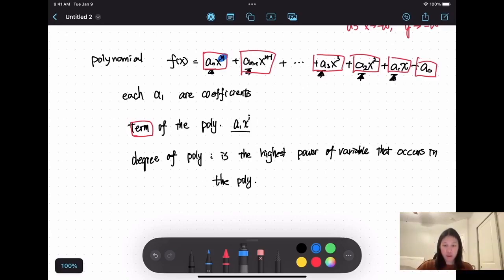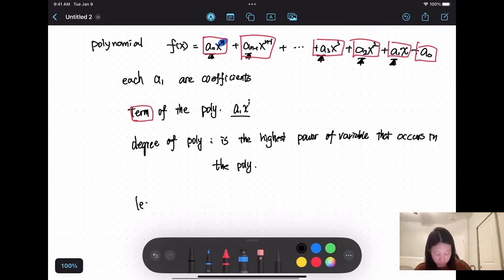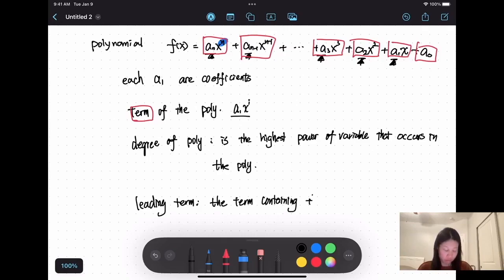Okay. And then the next concept is the leading term. The leading term is the term containing the highest power of the variable.